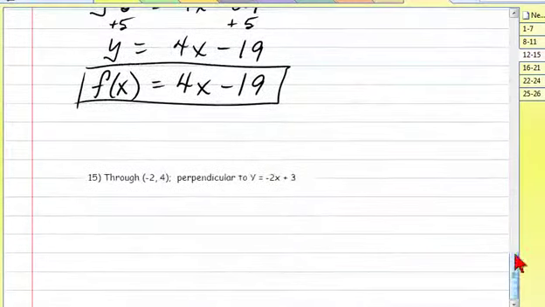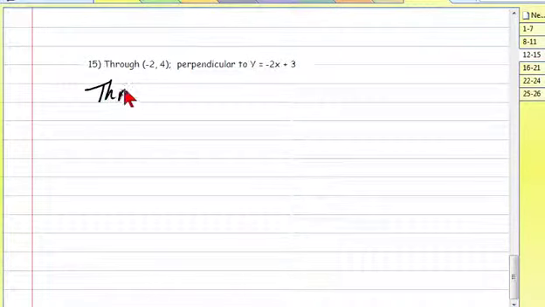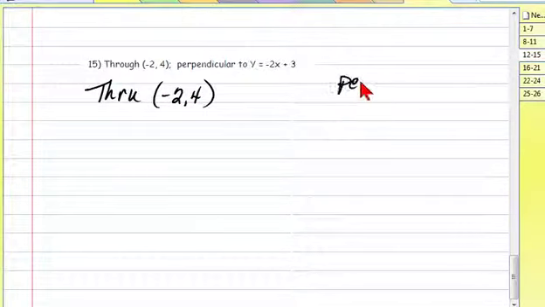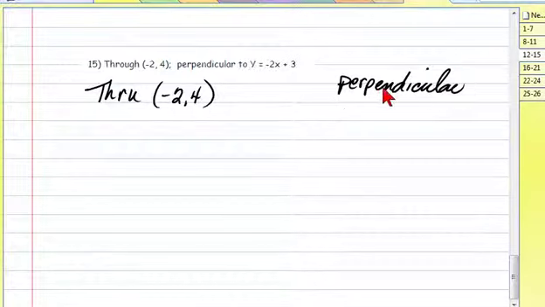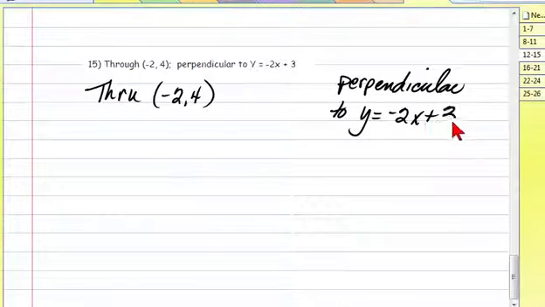Let's look at number 15. You have a line that goes through (-2, 4), and it is perpendicular to y equals negative 2x plus 3. What do you have to have first to write the equation of a line? Slope. Okay.